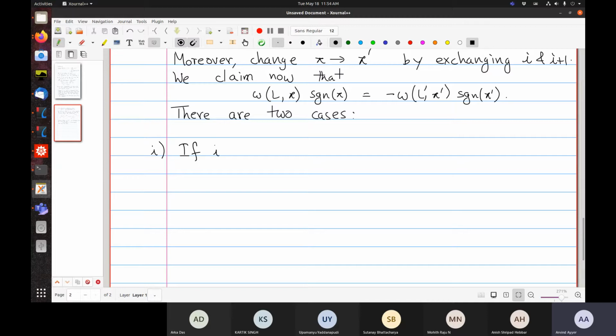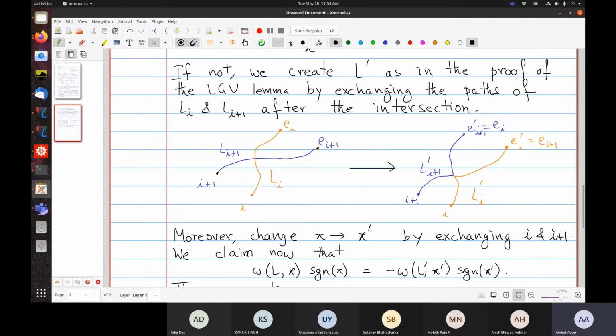So if I and I plus 1 are not matched in pi, then we have a situation like so. Okay, so let me just copy this figure and add some more structure to it.